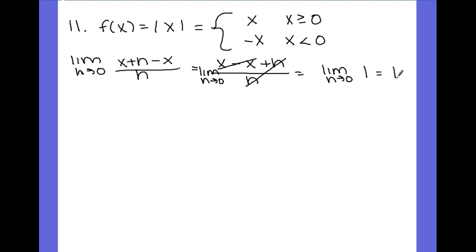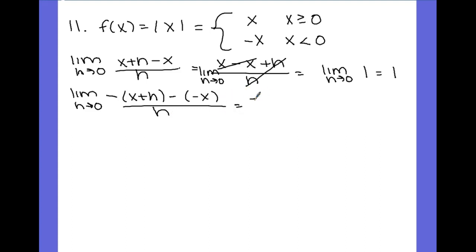For the second part, you take the limit as h approaches 0. Now it's negative x, so it's negative x plus h minus a negative x, all over h. So again, it's negative x plus h minus a negative x.